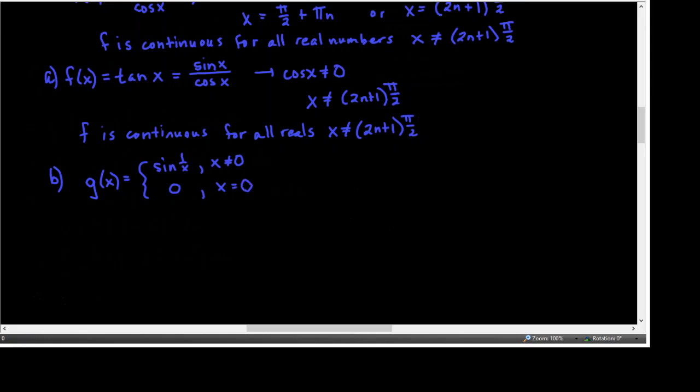So let's look at this one. Of course, the domain of sine of 1 over x is x can't be 0, which makes sense, and that's why they defined g to be 0 when x is 0.